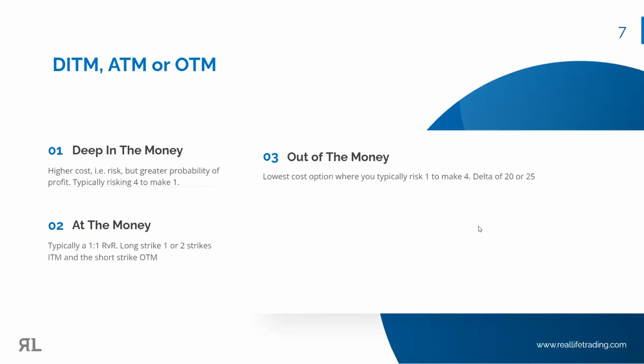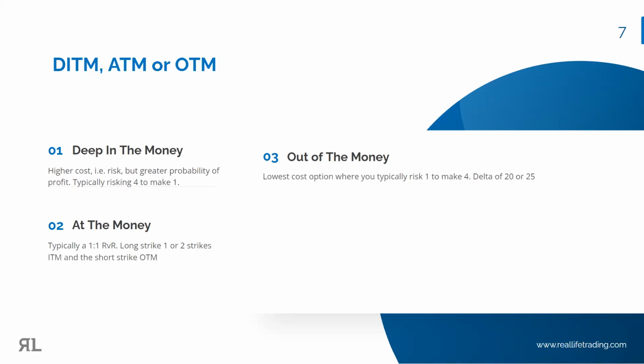Now, here's the choices. Okay. You can do deep in the money, DITM. These are just some acronyms: DITM, ATM, or OTM. So deep in the money, at the money, out of the money. Okay. And I'm going to give you examples of this. So don't worry about getting caught up in what that means if you're not familiar with it. Okay. So deep in the money, all you need to know is that it's going to be a higher cost, which translates into a greater risk, right?